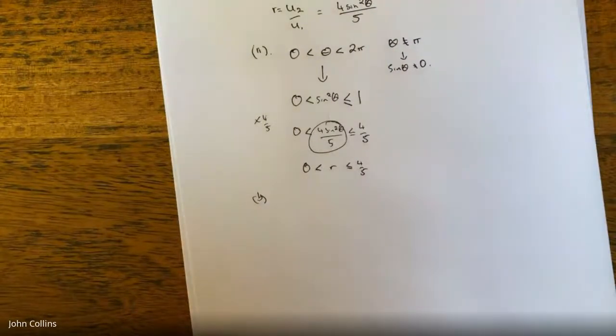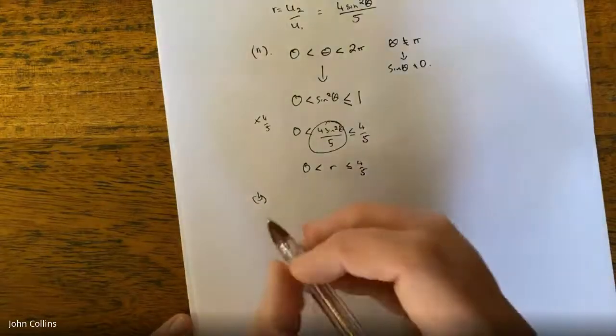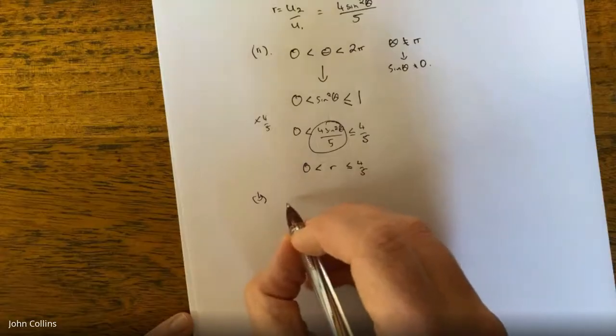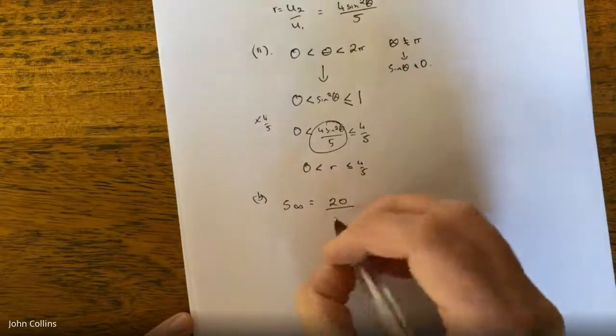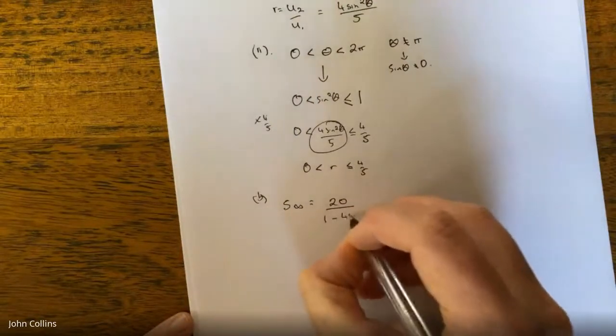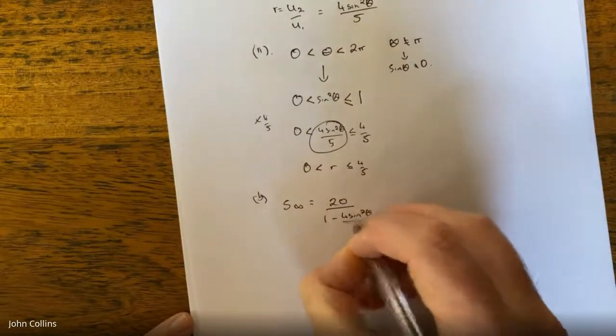Part B then, show that the sum of the infinite sequence is this. Did you manage to do this, Sean? Well, the first answer I got was negative because I did r minus 1 instead of 1 minus r. But yeah, I did get it. Okay. So the sum to infinity, I automatically went to 1 minus sine squared theta all over 5.